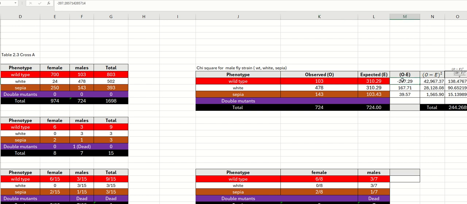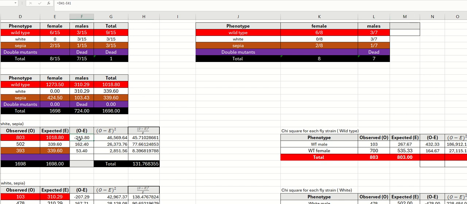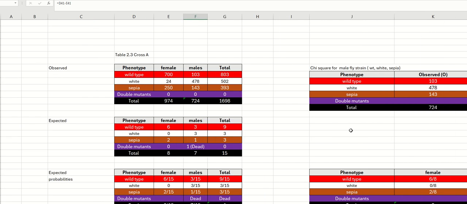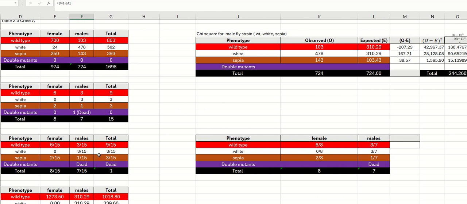These formulas you can still use from the previous one, so you can save time, or you can just write them again and drag them. It's pretty easy. The expected values will change a little bit. Here you're not going to use this 15 or 16, and you're not going to use this 1000.